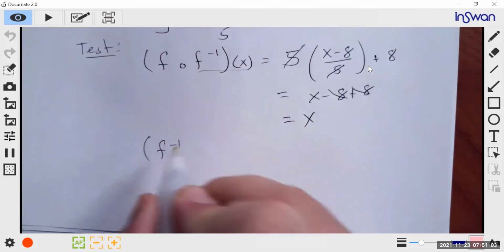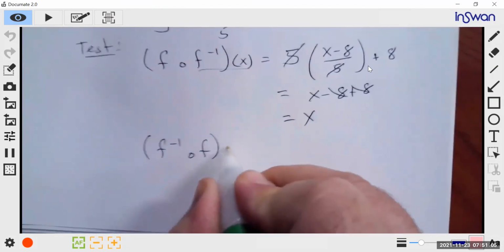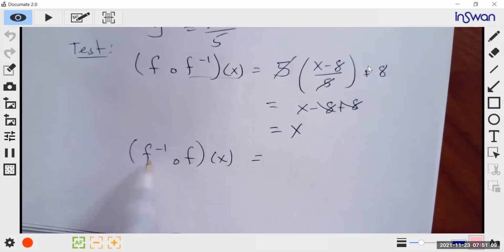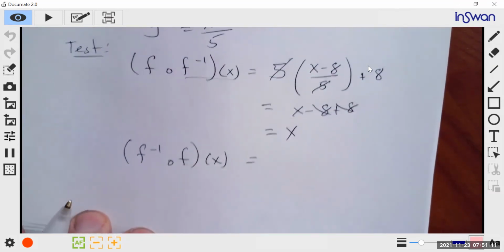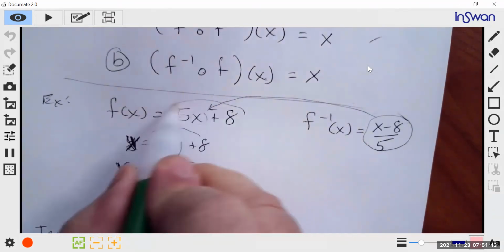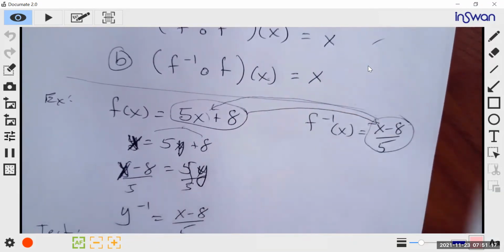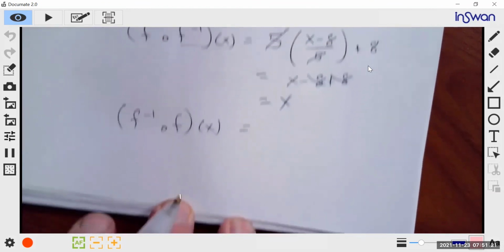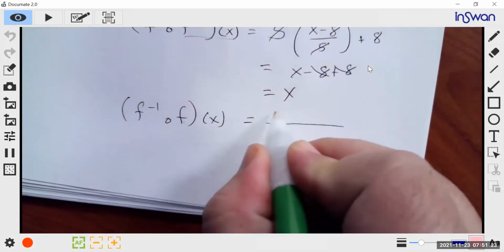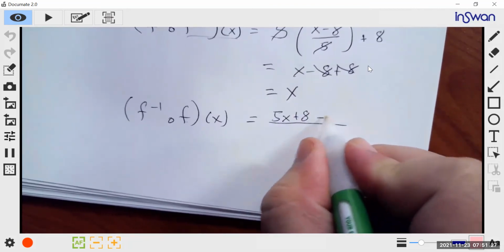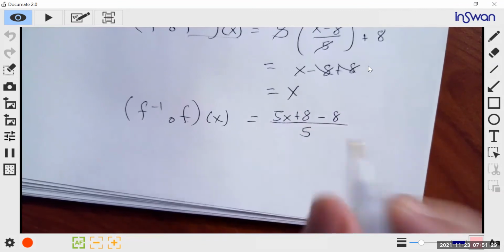Now we have to test the second one. Take the original function, put it in place of x in the second one. So we have (5x plus 8 minus 8) over 5.